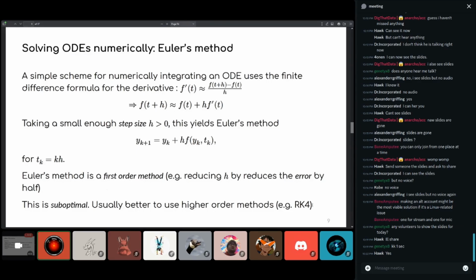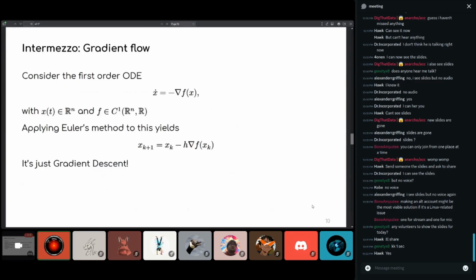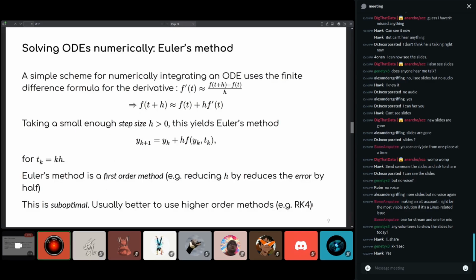So if you divide h by 2, then your error goes down by a factor of 1 over 32. Usually a pretty good deal, but the thing is that this typically costs more in terms of function evaluations. So for things like diffusion models and neural ODEs, depending on the model you have, that might be too costly, but typically you want to use a higher order method. Okay, next please.